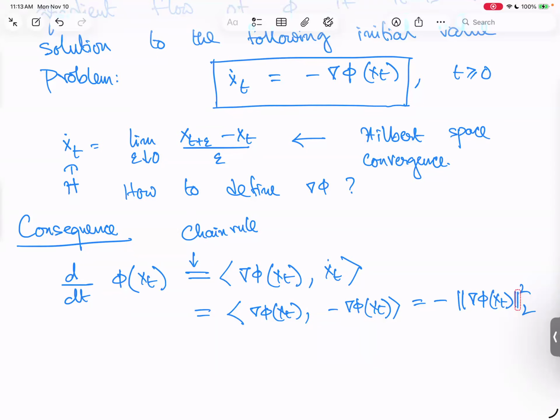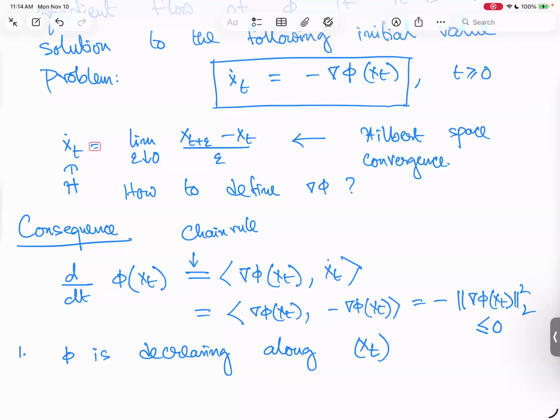Good. So what we learn from here is, one, that phi is indeed decreasing along x_t. Why? Because the time derivative is clearly negative, or at least non-positive.